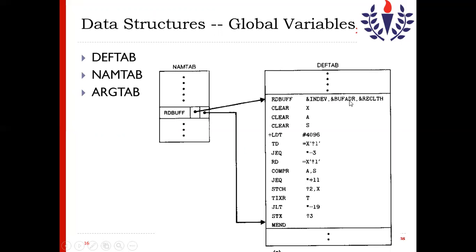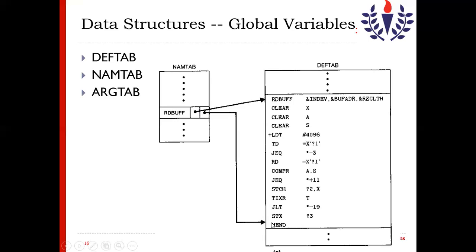This whole definition of the macro will be in the definition table, and the name table will have the name of the macro in one cell, with two pointers. One pointer represents the start of the macro definition, and the other points to the end of the macro definition.